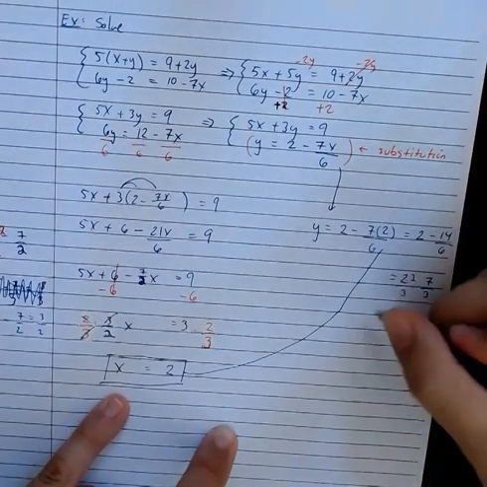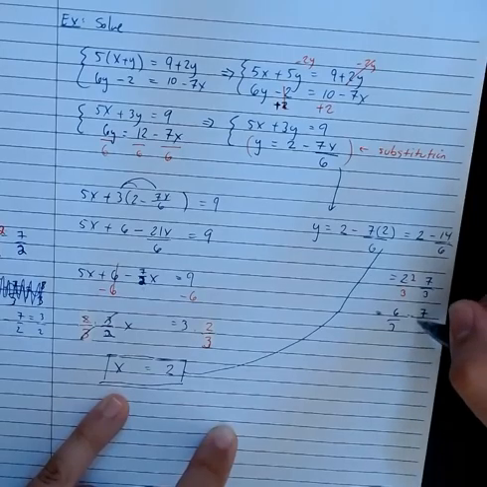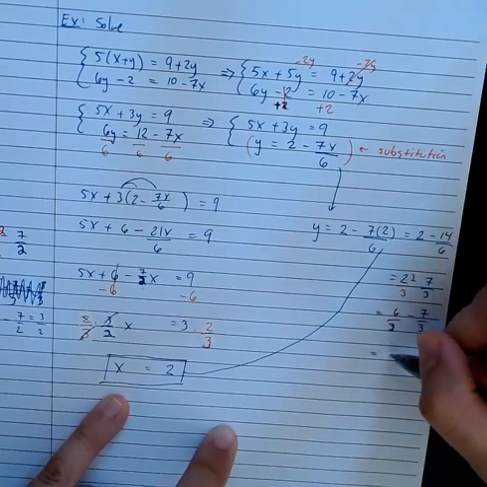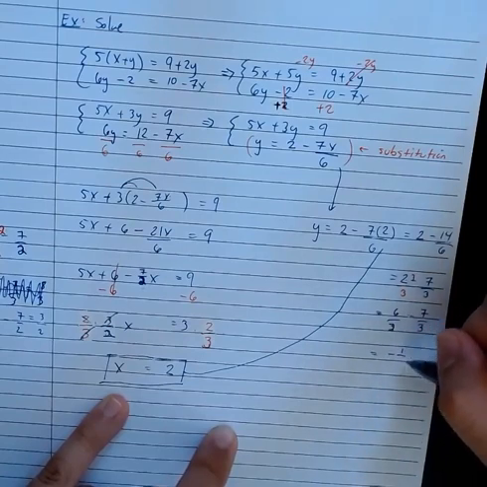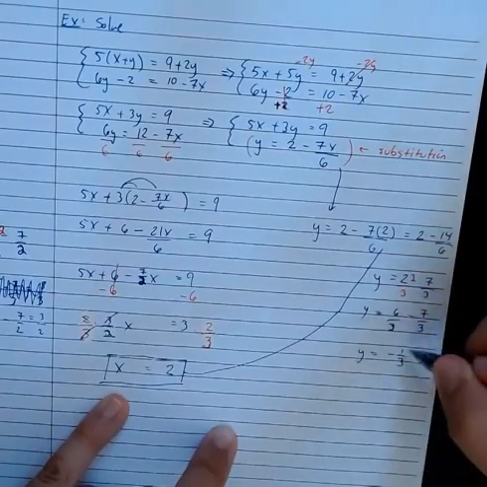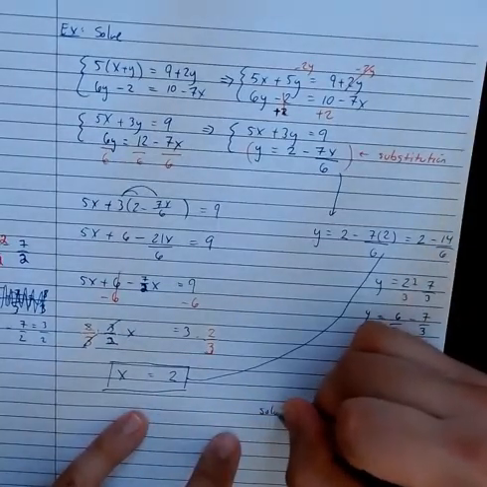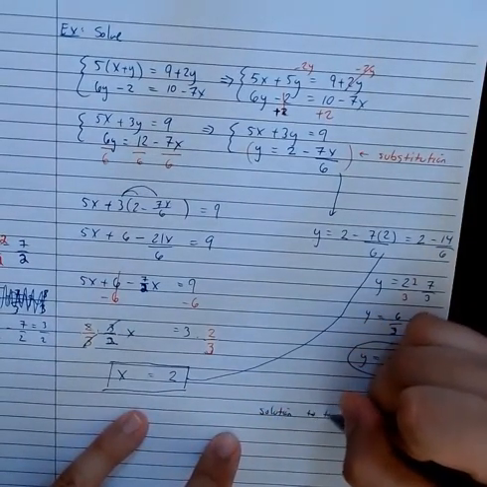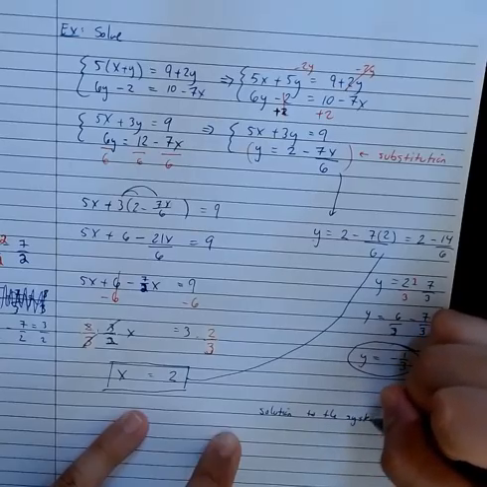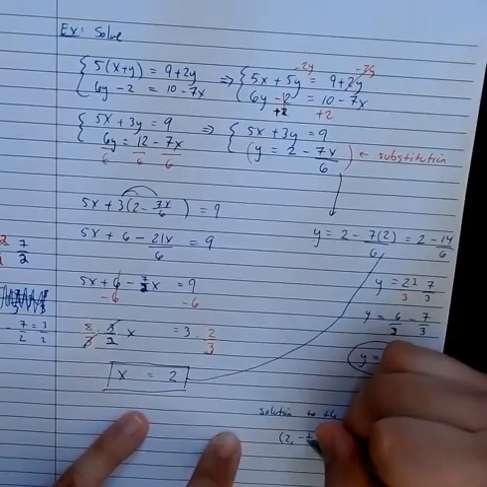And that'll give me 6 over 3 minus 7 over 3. 6 over 3 minus 7 over 3 will be negative 1 over 3. Oh, but that's what y's got to equal then. So y is equal to negative 1/3. And so putting that all together, the solution to our system is going to be 2 comma negative 1/3.